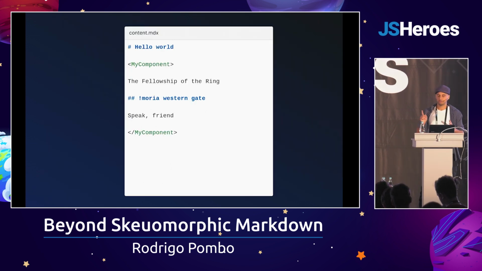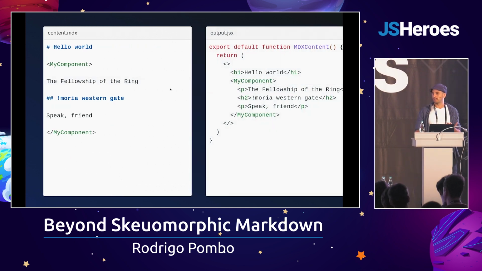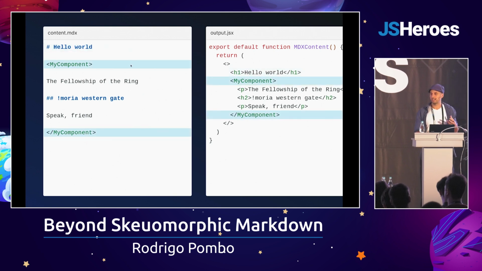First I need to talk to you about MDX. MDX is something that runs at build time and compiles a file like this one into JSX. Basically, every node in Markdown becomes a JSX element.